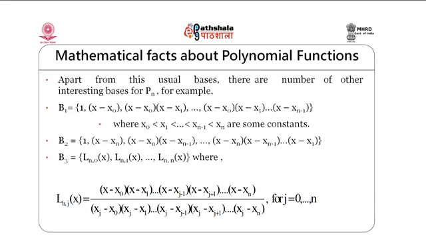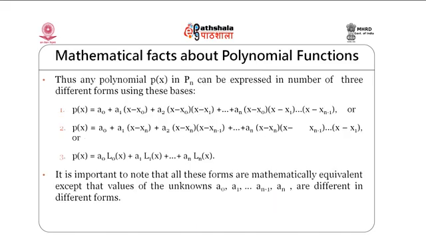So, we can see that any polynomial in P n can be represented in terms of different bases in different forms, which is what we are indicating here. Thus any polynomial P x in P n can be expressed in three different ways using these bases. For example, P x, if I write it in terms of basis B 1, I will get a 0 plus a 1 into x minus x 0 plus a 2 into x minus x 0 into x minus x 1 and so on.